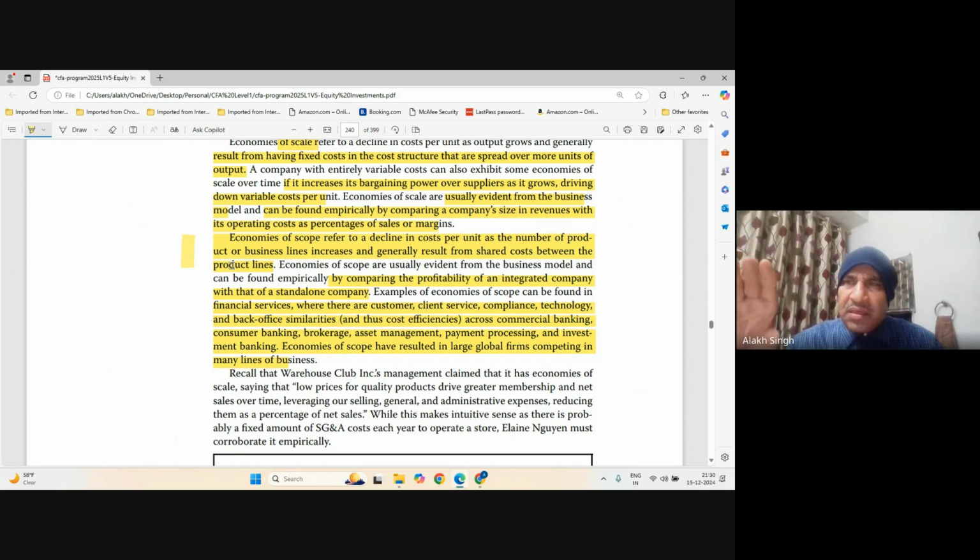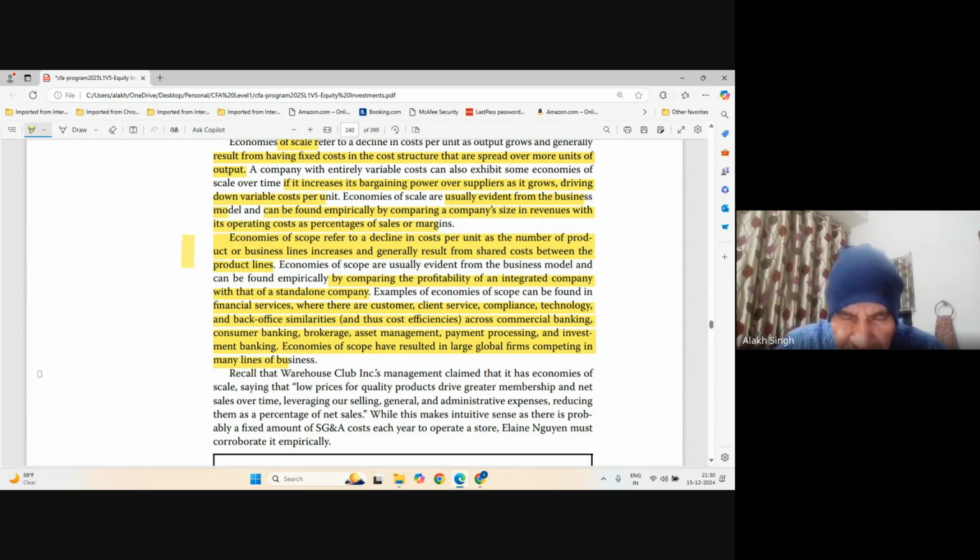Timing may be different, and so that way the economies of scope happen. So different product lines will share some common costs or resources, and that will reduce the cost of production of each product line. So that is economies of scope.